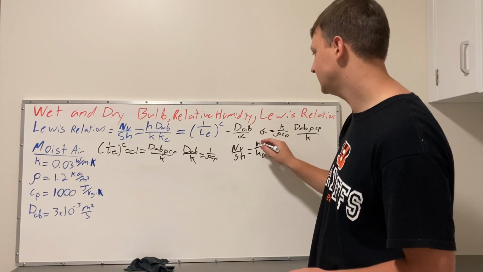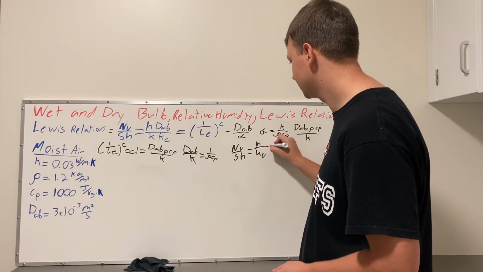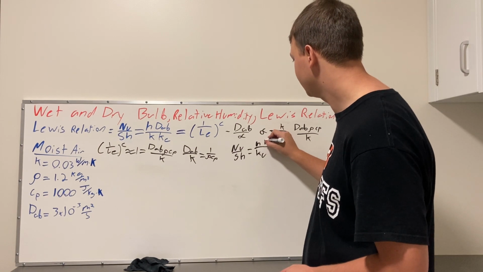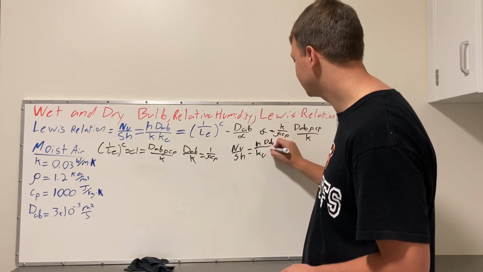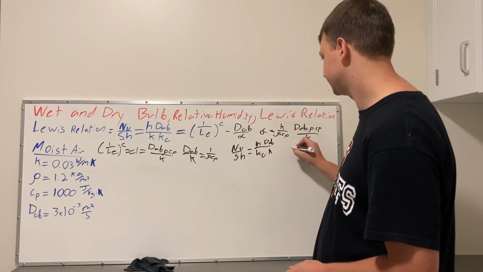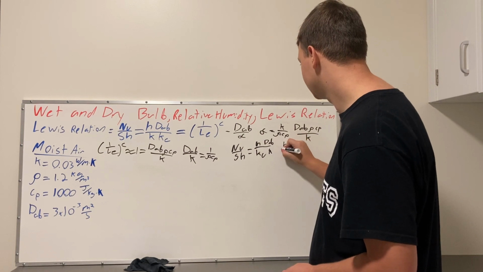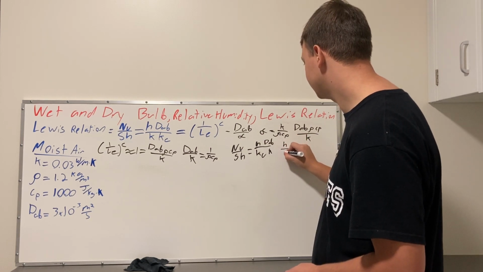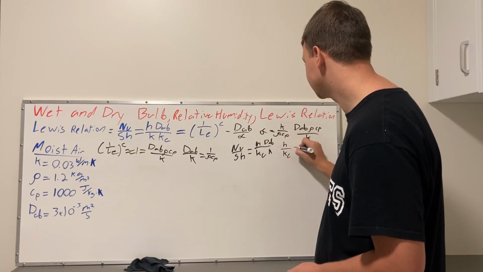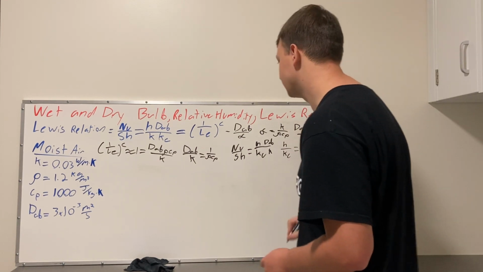So we have our heat transfer coefficient over our mass transfer coefficient, and then our mass diffusivity coefficient over conductivity, which gives us, using this, the heat transfer coefficient over the mass transfer coefficient is equal to the volumetric heat capacity.